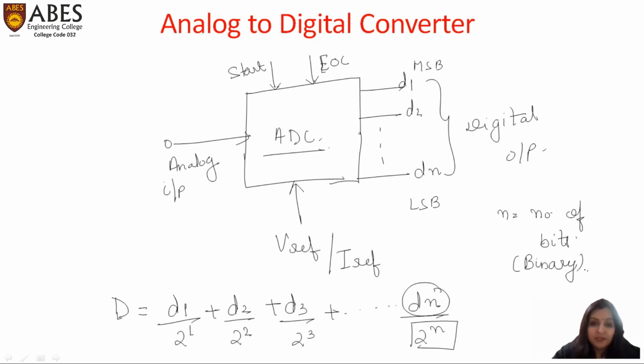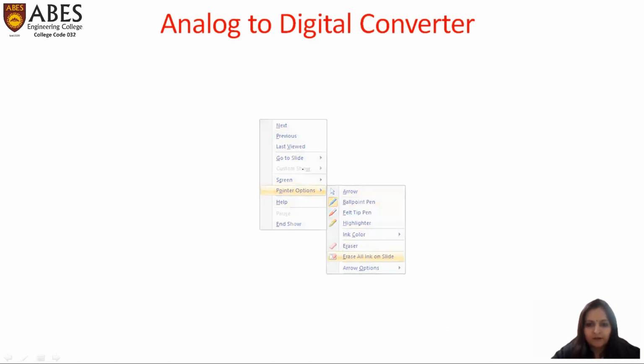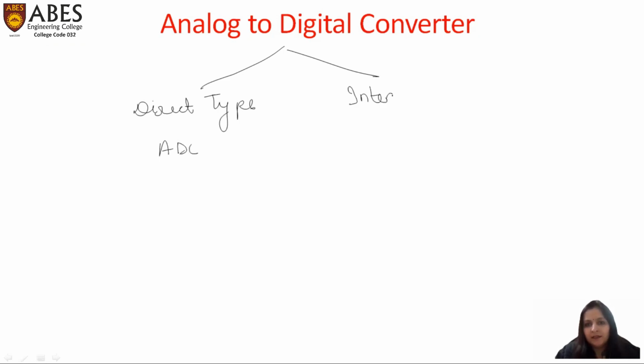Now when we specifically talk about A to D converters, then there are different types of converters. Those different types are generally categorized as two types. One is the direct type ADCs, and another is the integrating type.